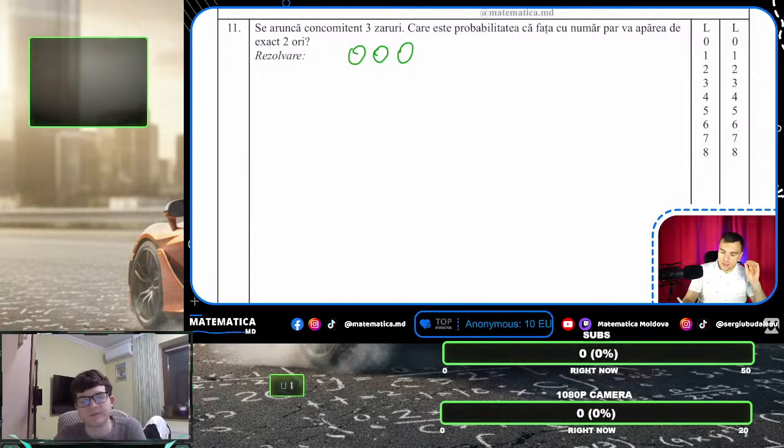So 3 dice are thrown. A die has 6 sides. Basic formula, m divided by n, the total amount of cases. You have 6 sides, so essentially you have to do C of 6, because there are 6 sides, and 3 because you throw 3 times.